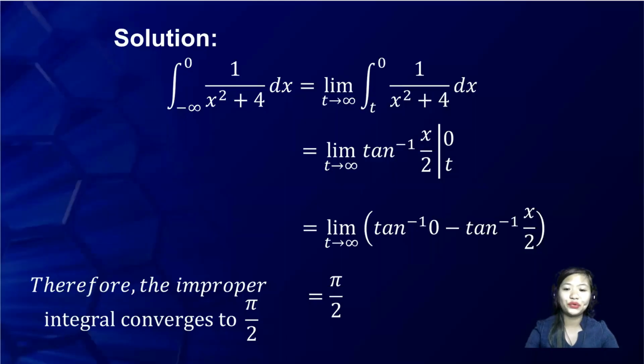By getting the difference of the upper and lower limits, we have the arctangent of 0 minus the arctangent of t/2. When we simplify that as t approaches negative infinity, the answer is π/2. So, as a conclusion, the improper integral converges to π/2.